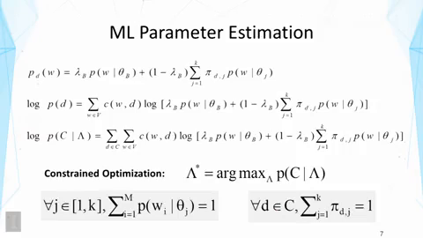So after we have obtained the likelihood function shown here, the next is to worry about the parameter estimation. And we can do the usual thing, maximum likelihood estimate. So again, it's a constraint optimization problem, like what we have seen before, only that we have a collection of text and we have more parameters to estimate. And we still have two kinds of constraints.